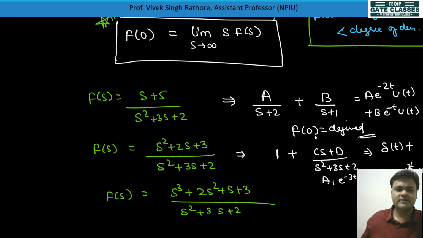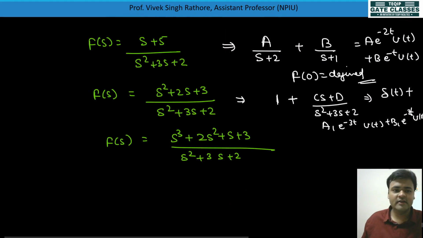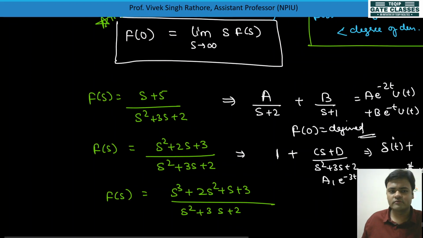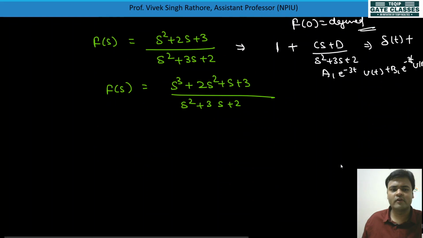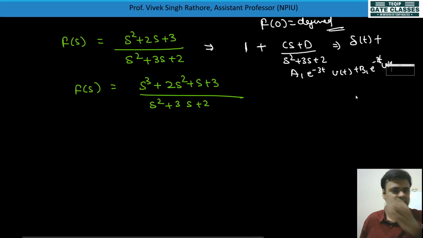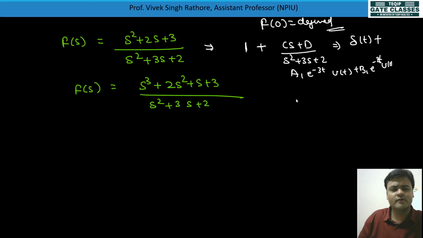But here, for time t equal to 0 we will not get a defined value, because as you know delta t at t equal to 0 is not a defined value. It is not equal to 0, but you cannot calculate what value it has. So this f of 0 is not defined.